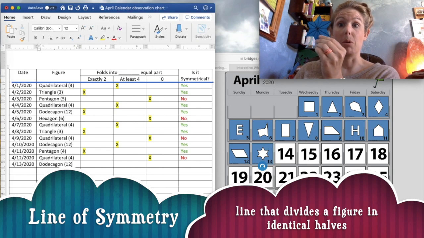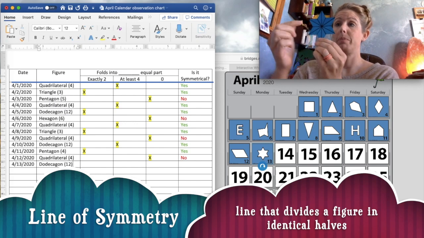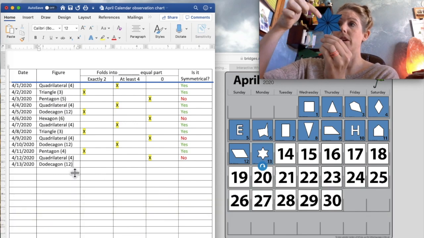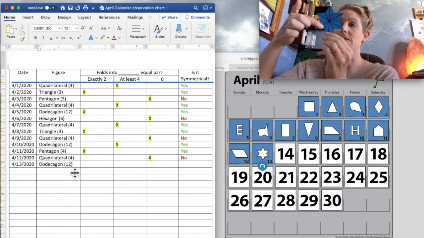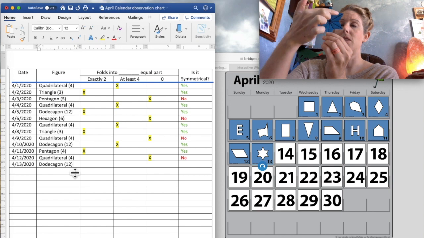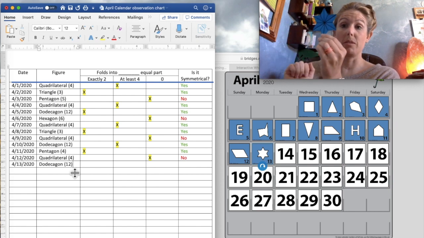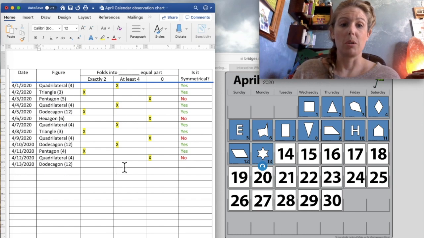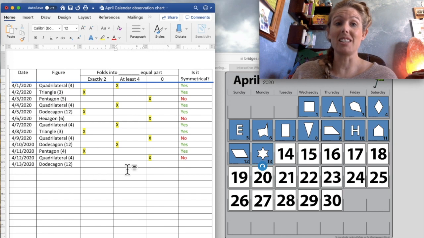We have a lot more, so let's go ahead and count them. 1, 2, 3, 4, 5, 6, 7, 8, 9, 10, 11, 12. We could have folded it into 12 equal parts. So we're going to put an X there that it can fold in at least 12 or at least 4, but there was 12.